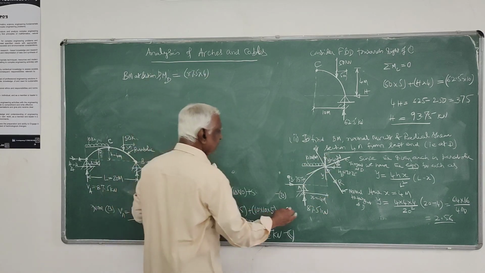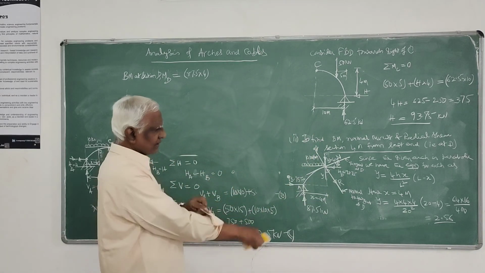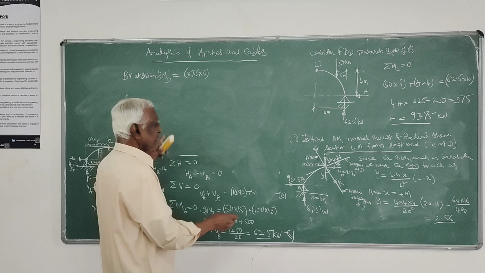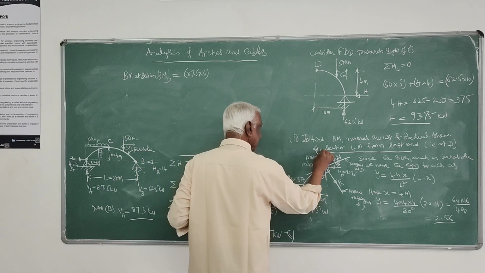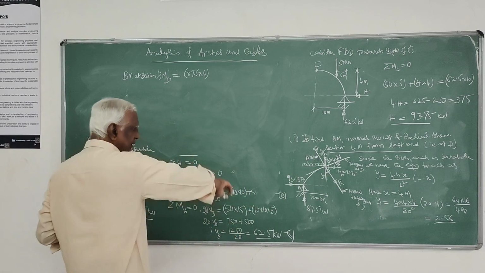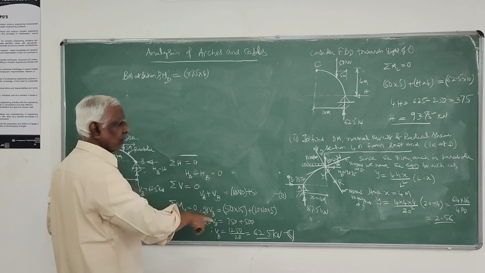This MD you take in the anti-clockwise direction always. So that is here, that is MD. That's why I have taken this side, 87.5 into 4.